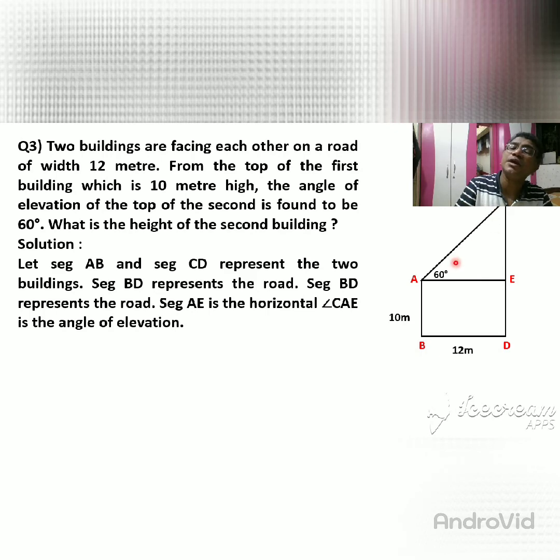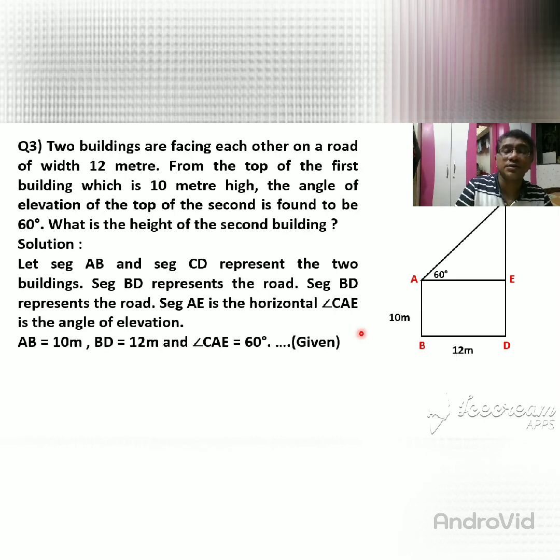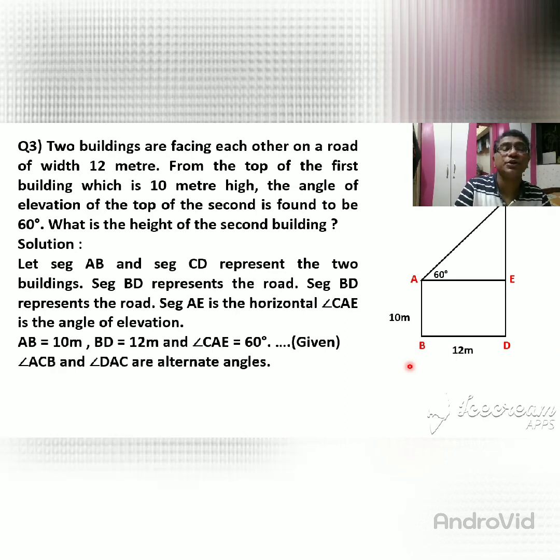Angle CAE is 60 degrees, and that angle's opposite side is CE. So with the help of that you want to find out another thing. AB is equal to 10 meters, BD is equal to 12 meters, angle CAE is equal to 60 degrees.